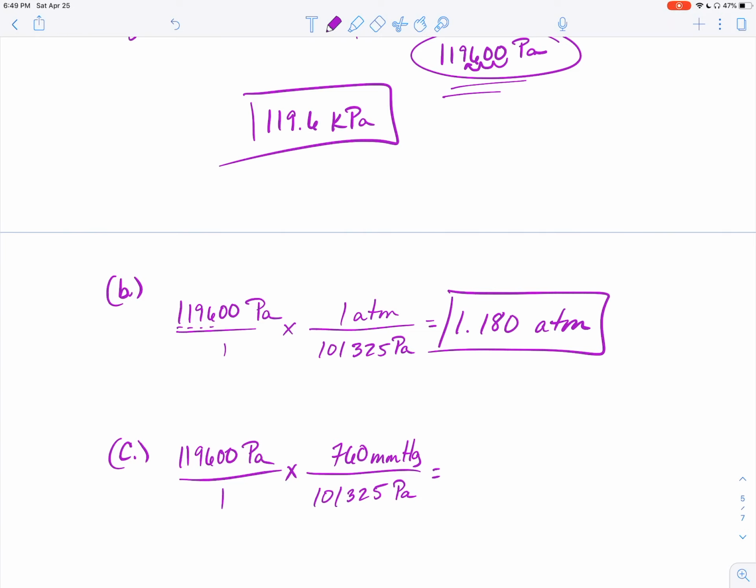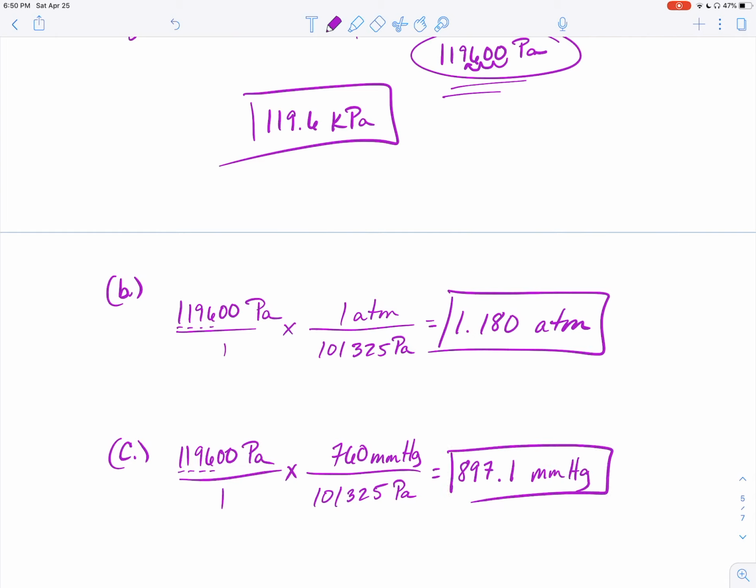And so that gives us a value somewhere near 900 millimeters of mercury, but we want to make sure that we are in about 3 or 4 significant figures. Actually, it should be 4, I believe. And so this value gives you, I got 897.1 millimeters of mercury here.